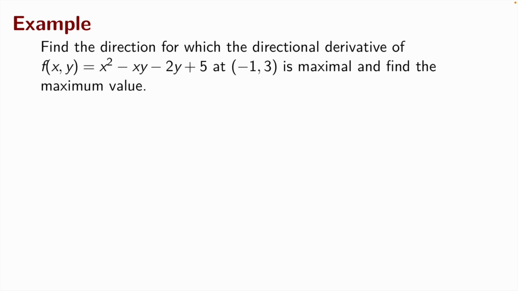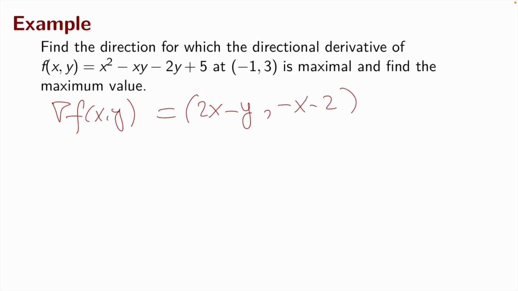So let's do that. This was the same function that we had before, so we can calculate the derivatives. We already have them. We already have that the gradient of this function at a point (x, y) was (2x - y, -x - 2).